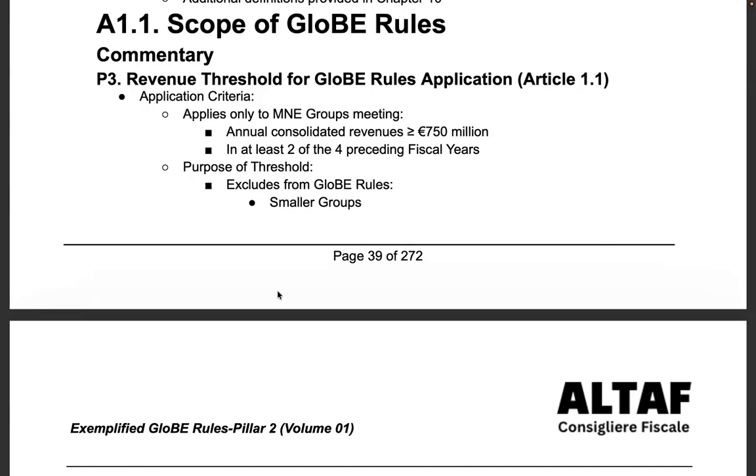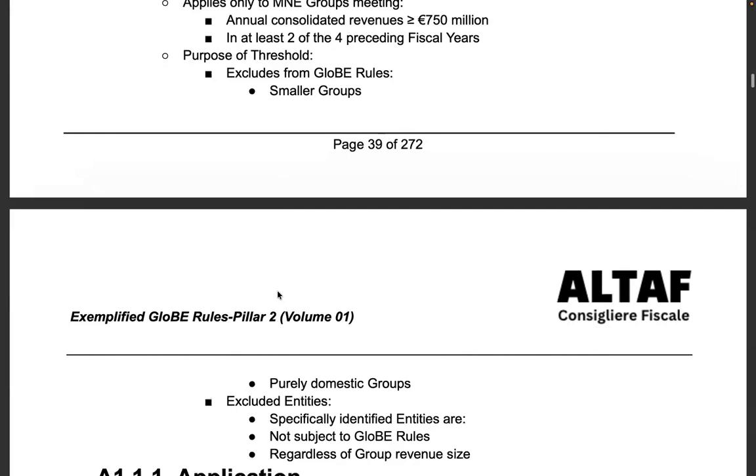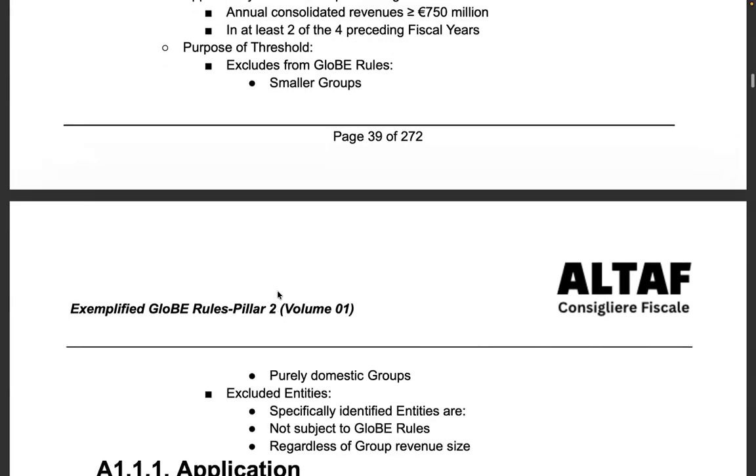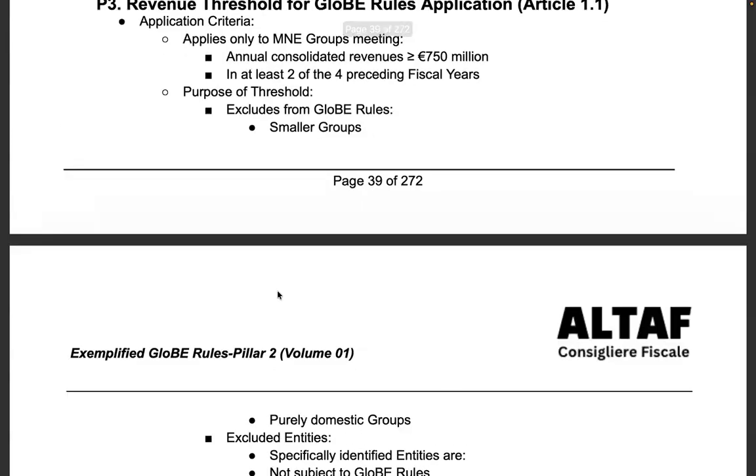The purpose of the threshold is to exclude smaller groups from GloBE rules. So when you put the 750 million euro condition, automatically smaller groups go out of the scope or ambit of the GloBE rules.